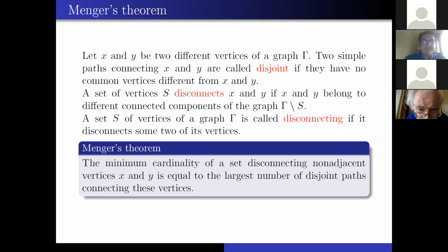A set of vertices S disconnects x and y if x and y belong to different connected components of the graph gamma minus the set of vertices S. A set of vertices S of graph gamma is called disconnecting if it disconnects some two of its vertices, so they lie in different components. So Menger's theorem says the following: the minimum cardinality of a set disconnecting non-adjacent vertices x and y is equal to the largest number of disjoint paths connecting these vertices.